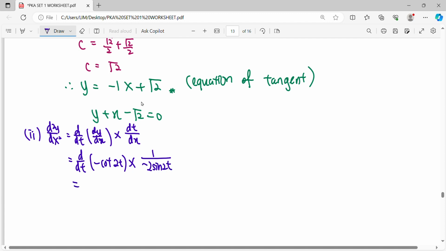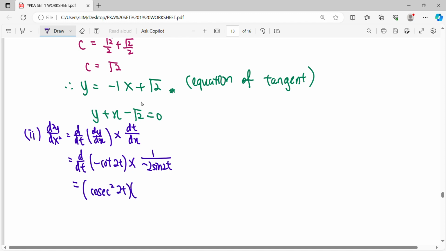Okay. So differentiate cotangent, 2 steps because it doesn't have a power. Differentiate trigo, so 2 steps. Differentiate cotangent. What do we get when we differentiate cotangent? You get positive or negative? Negative. So negative, negative, positive. You get cosecant square 2t.